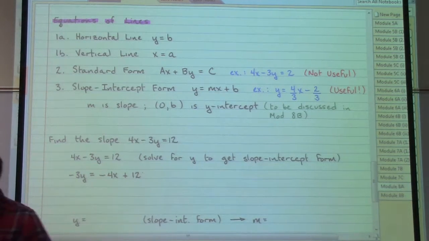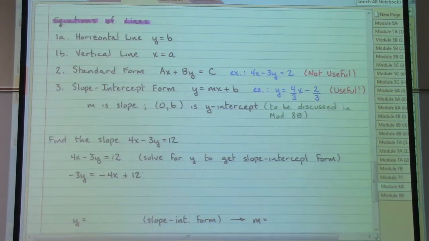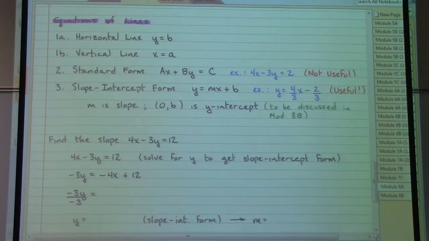Now the last issue to deal with is to get rid of the negative 3 that is showing up in front of the y. And in order to do that, we would need to divide on both sides by negative 3. Well, at first you might say to yourself, I'm going to go ahead and take all the stuff on the right side of the equal sign and divide by negative 3.